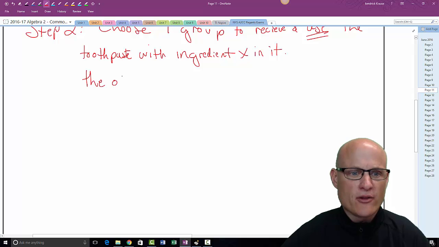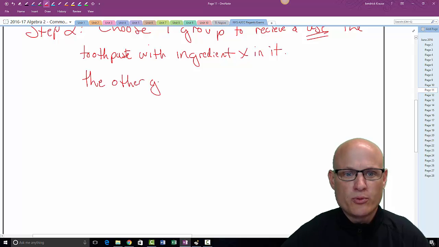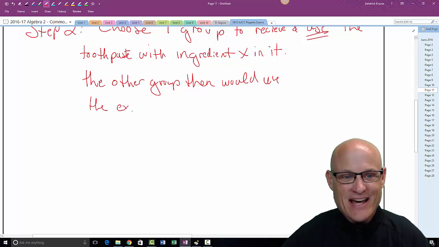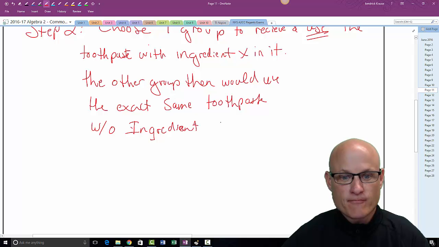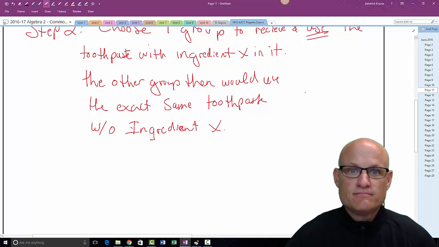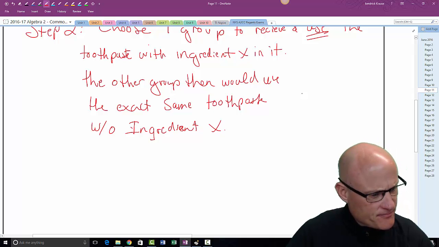The other group then would use the exact same toothpaste without ingredient X. And what are we testing to see?